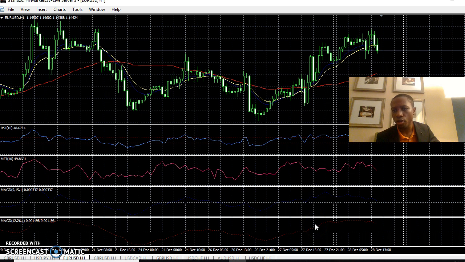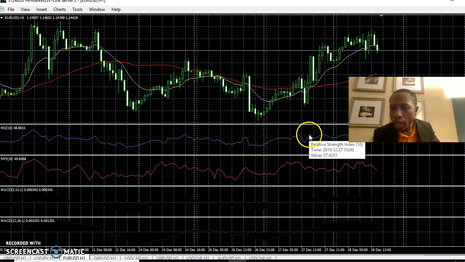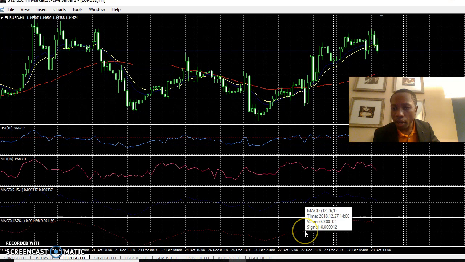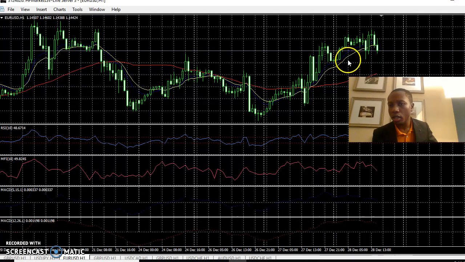Beautiful. So your concern for you to enter a very good buy, a great buy, is at the point of crossing the red line. At this point, and at this point, and at this point, and at this point, you get it now? You enter a buy. Not when it has gone so far.